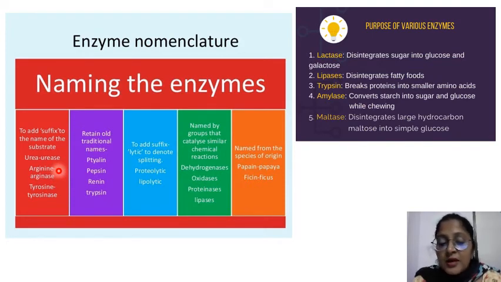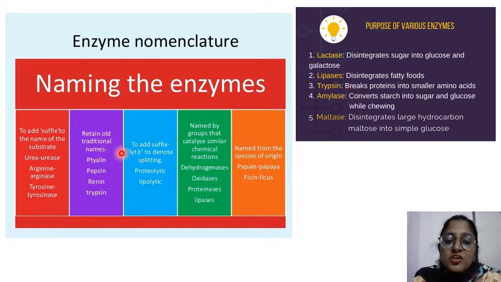As I have told you, enzymes are basically substrate specific. So, arginine, arginase. Lactose, lactase. Lactase enzyme acts on lactose. Maltase acts on maltose, amylase acts on amylose. So these are the different kinds of enzymes which are substrate specific.